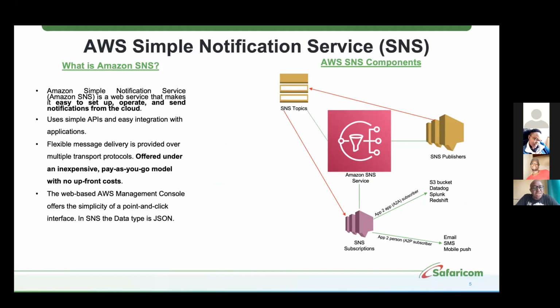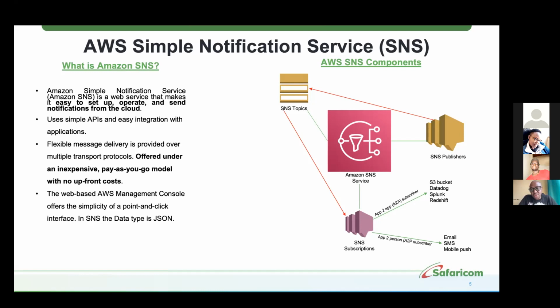So basically, the subscriptions are of two types. You might want to push it to something like Datadog or Splunk, that is the app-to-app subscriber, or you might want to push it to somebody for some action to be taken. So you might push it to their email, to SMS, or even to a mobile push where they will be able to see all that information. So we have three components in this.